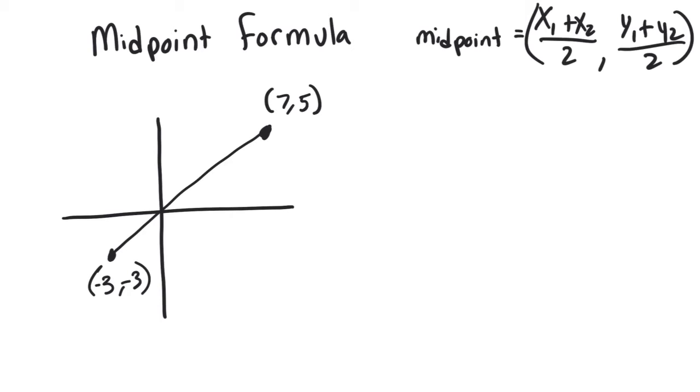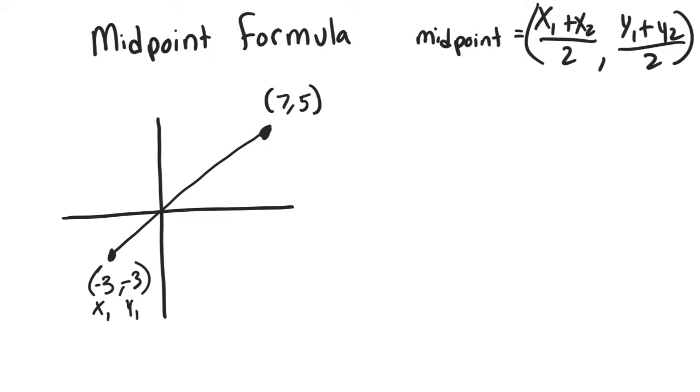So if I'm writing this out into the formula, the first thing I need to do is label the numbers in the points. You won't have to do this after a little while, but to begin with, you need to understand where the numbers are coming from. This first point, the point furthest to the left, I'm going to call point 1, so my x1 is the x value of this point, and my y1 is the y value of this point.